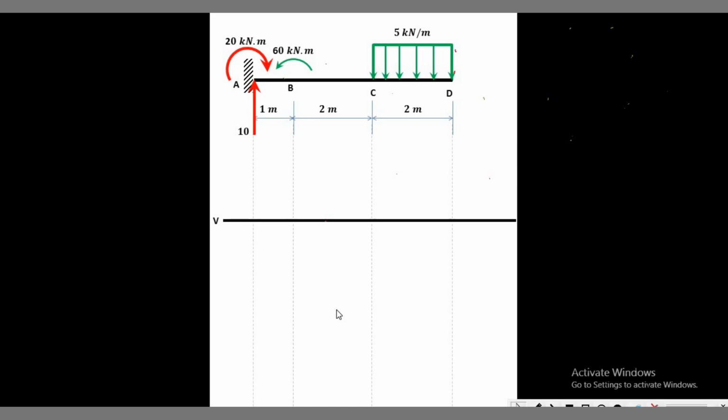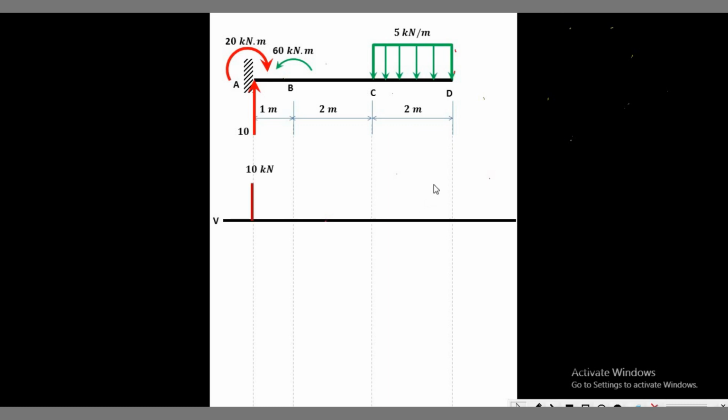Paki-double check. So clockwise. Okay, clockwise. Okay. So if I'm going to draw na the shear diagram, it will look like this.